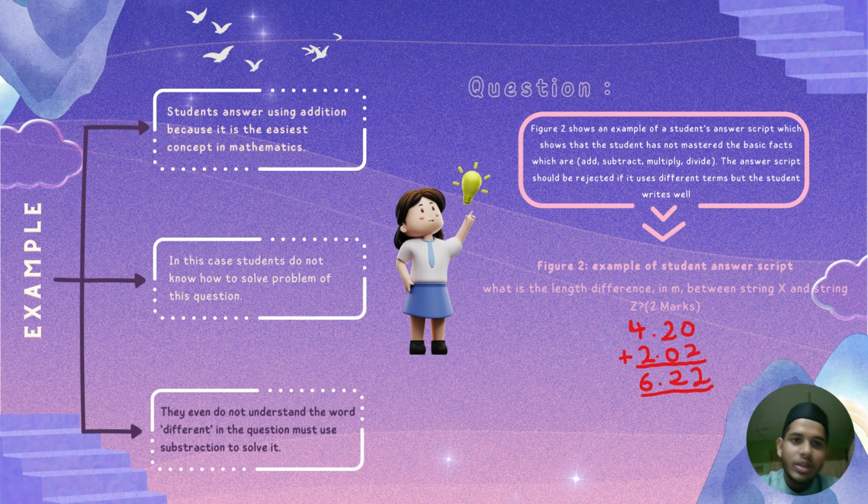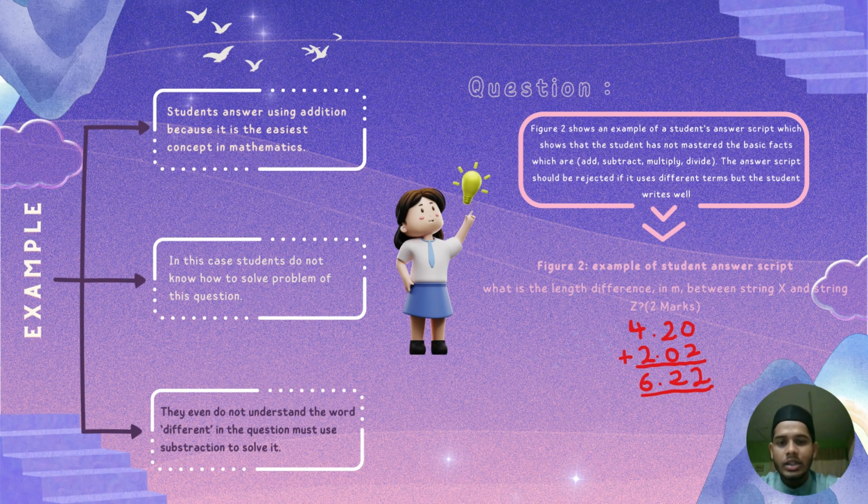In this case, the student answered using addition. I can conclude that maybe the student feels that addition is the easiest way to answer mathematics questions, so he or she uses it without thinking whether the concept is right or wrong.